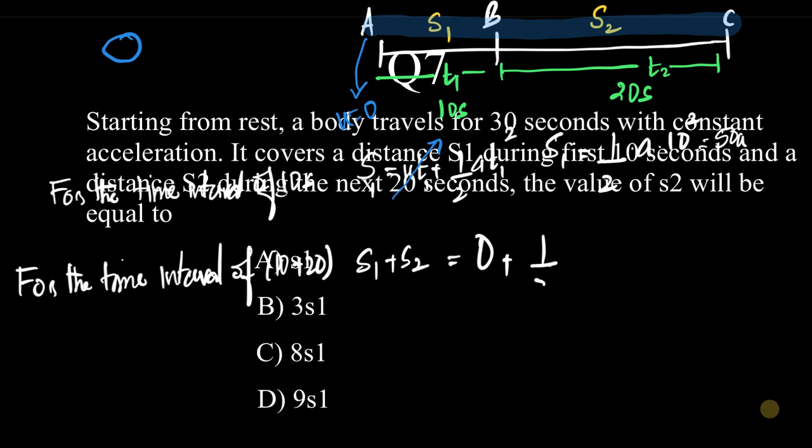What we have is half A into T1 plus T2, that is 10 plus 20, the whole square, which is equal to 10 plus 20 is 30, 30 square is 900, 900 by 2 is 450A.